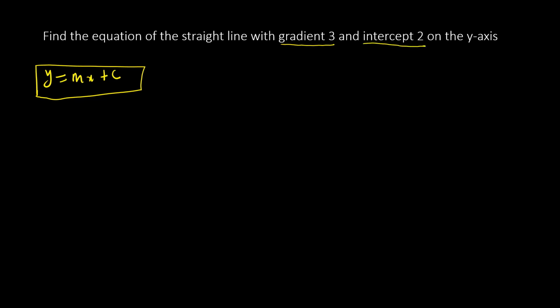So to find the equation of the straight line, we consider the same equation, y equals mx plus c. So this will be y equals m, which is now 3, multiplied by x, plus c, which is the intercept, which is 2. So this is y equals 3x plus 2. And this is the equation of the straight line, y equals 3x plus 2.